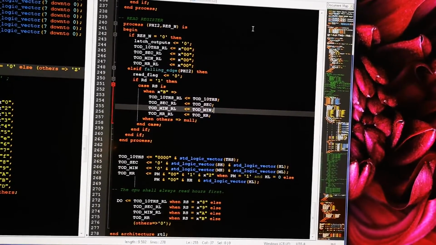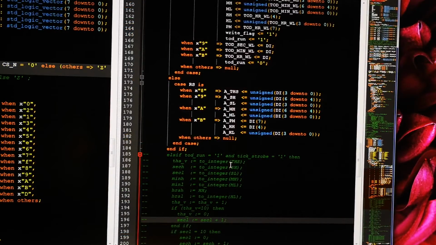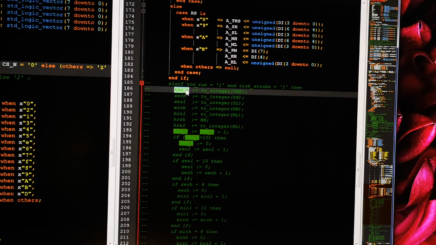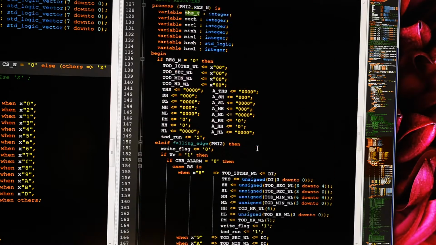So that's it basically. I thought I was finished, but I forgot that when I was testing this thing, I turned the ticking off, or the functionality of the clock. The functionality is basically to take the time and put it in a variable. You can see the variables at the top there.